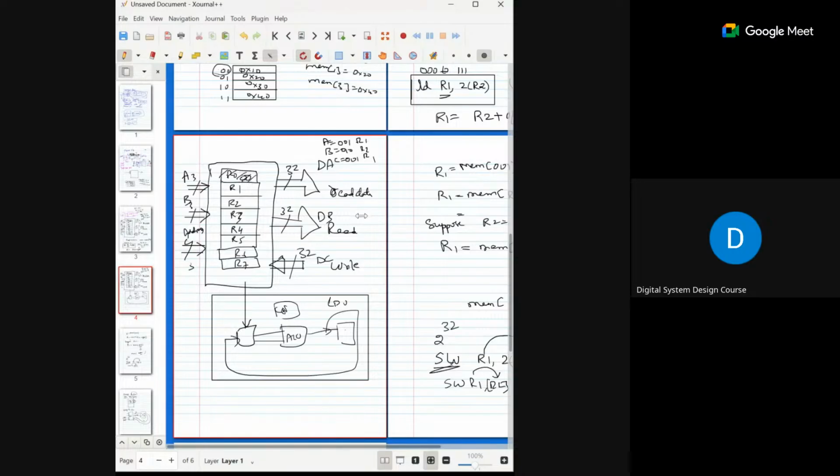Yes sir, can you repeat once? Yeah, so here I'm considering this example of selecting the address.